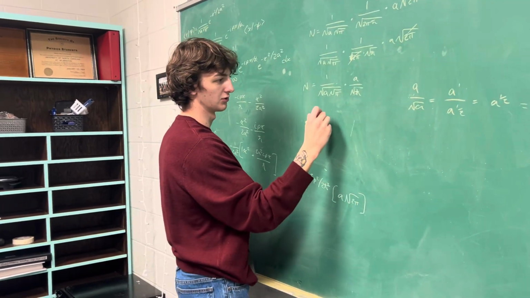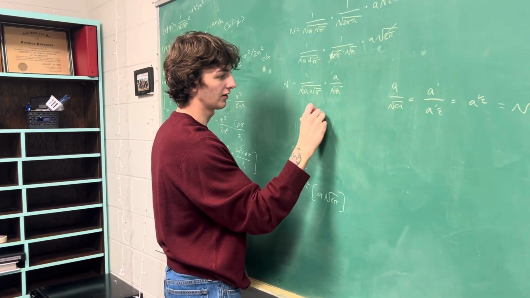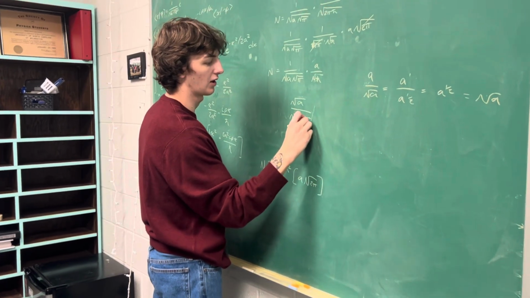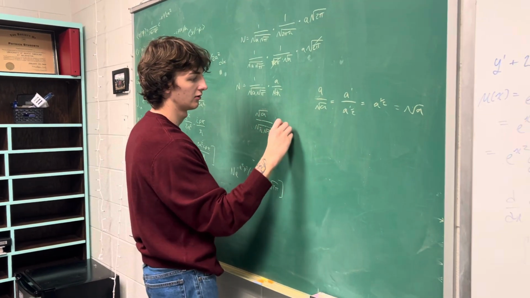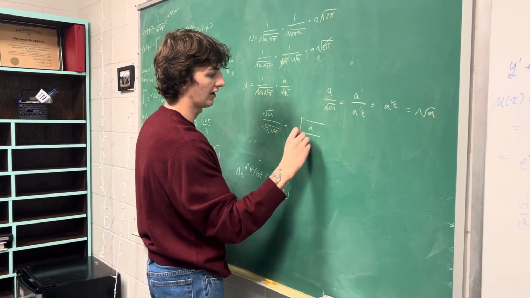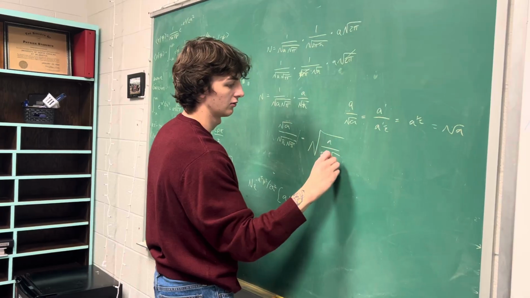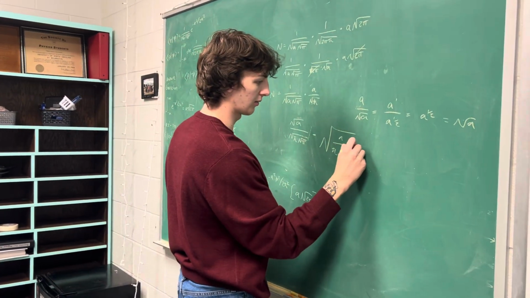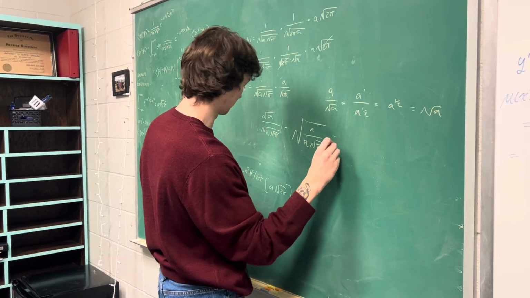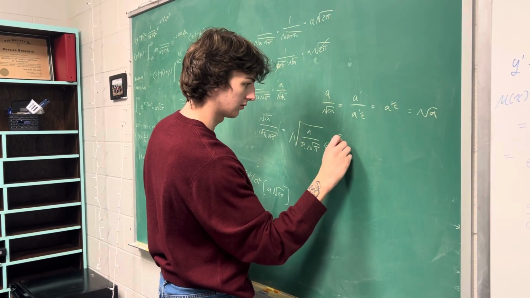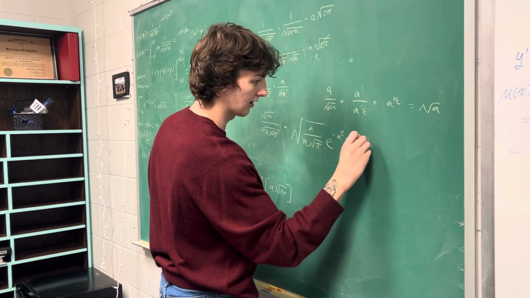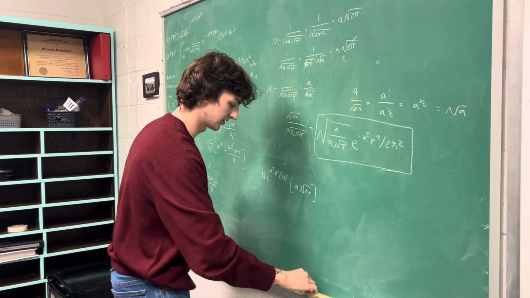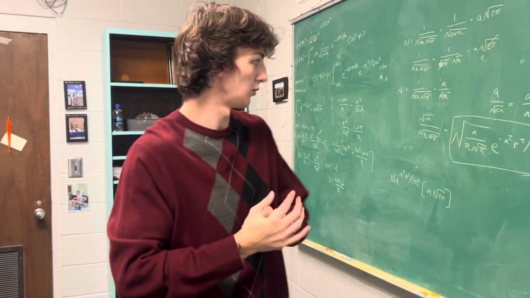So now this is going to reduce to the square root of a over the square root of h bar times the square root of pi, or more cleanly, the whole square root of a over h bar square root of pi. Now that we have our constant, we can multiply it back by our exponential function. And that completes our Fourier transform of the position space wave function into the momentum space wave function.